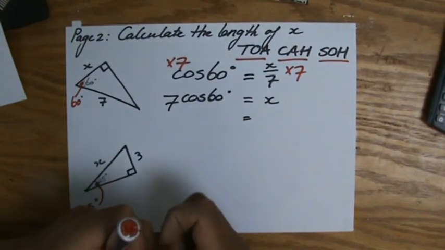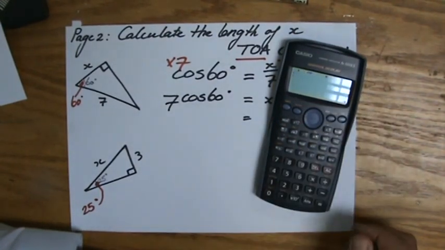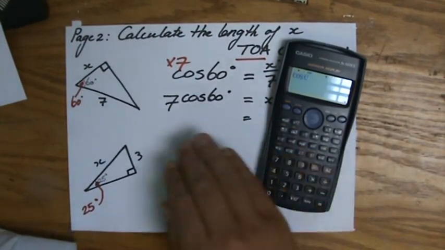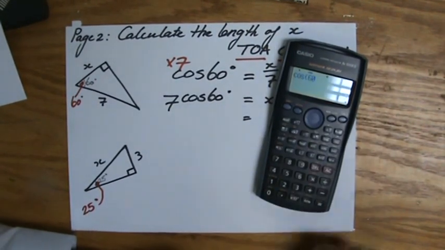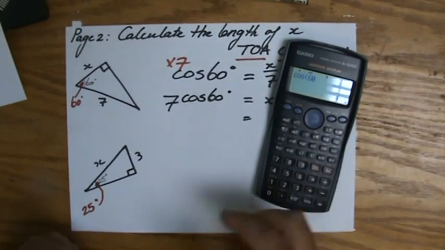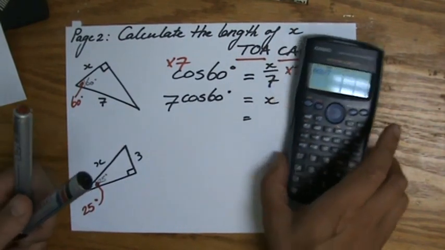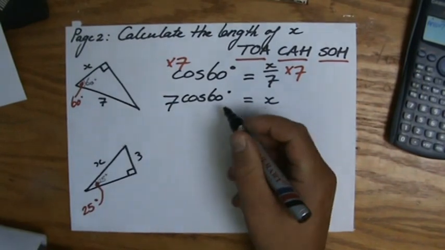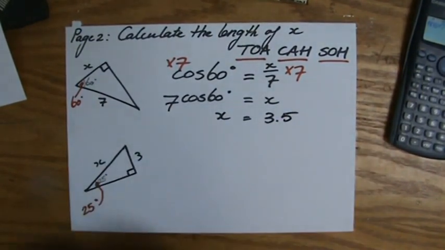And again, you won't hear me say this very often, but a calculator sometimes really is your friend, because you do not have to know all these ratios by heart. Cos 60 equals, your calculator tells you, 0.5. In a few years' time you'll know why, but for now that is enough. 0.5 times 7 equals 3.5. Fantastic. So x equals 3.5.